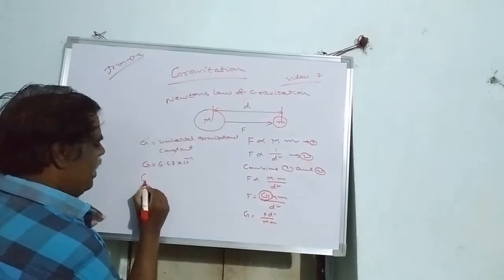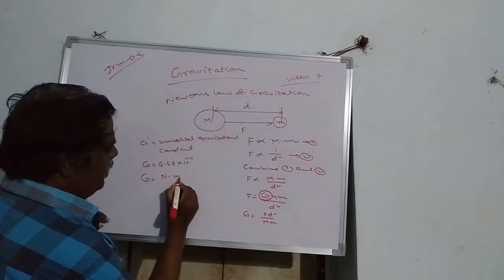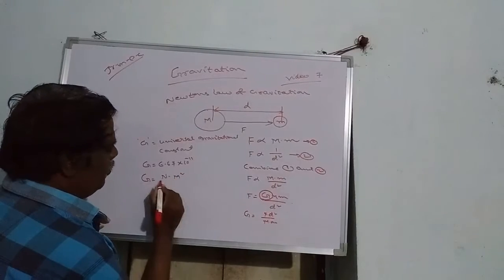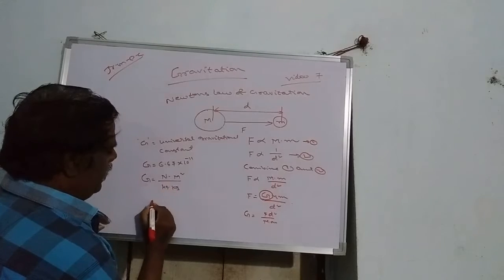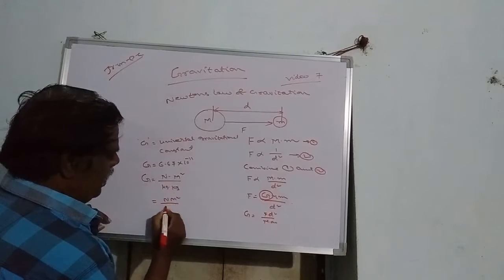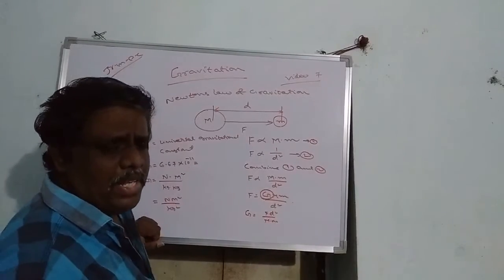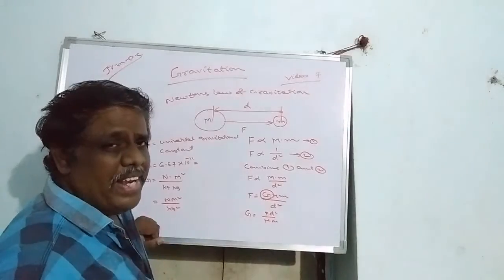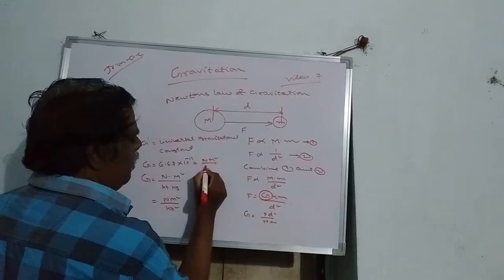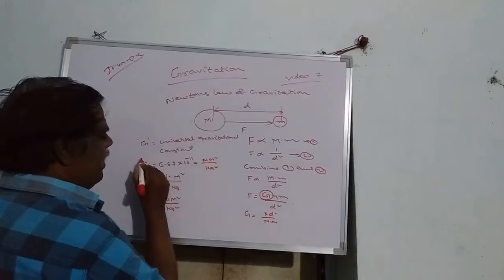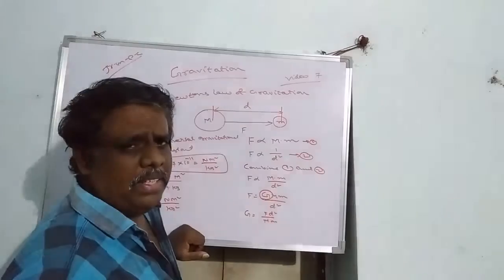That means the units of this capital G, the universal gravitational constant, are Newton meter square per kg square. The value is 6.67 into 10 to the power of minus 11.